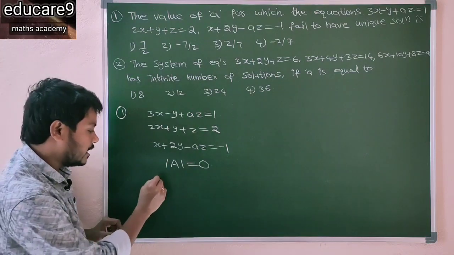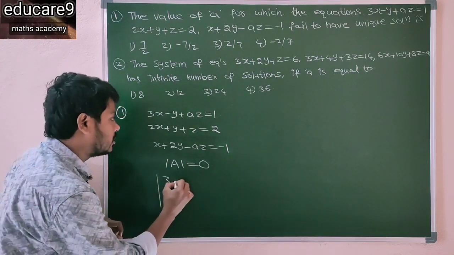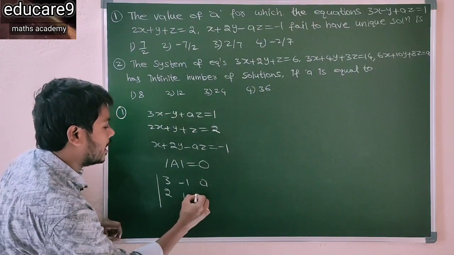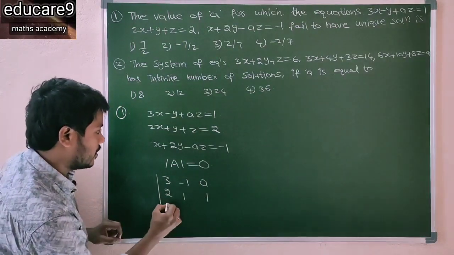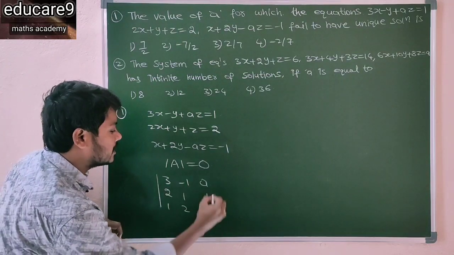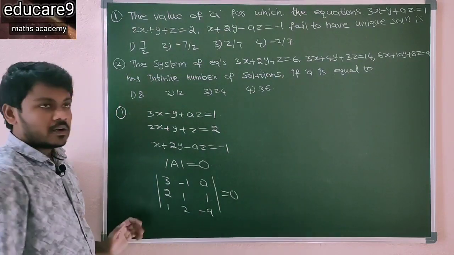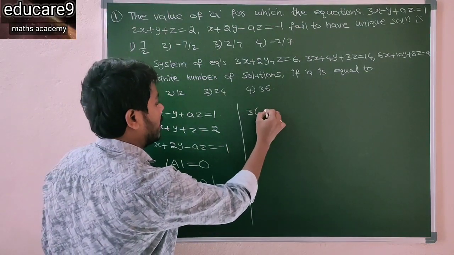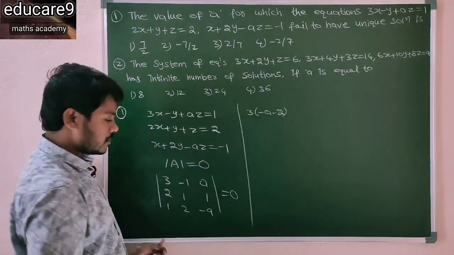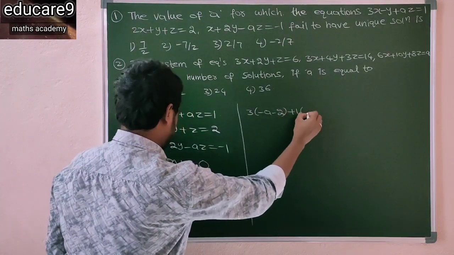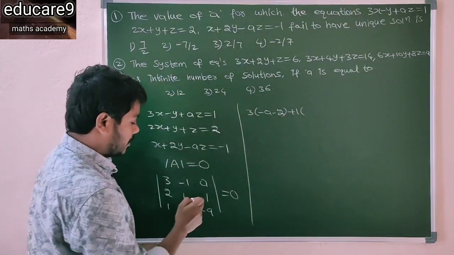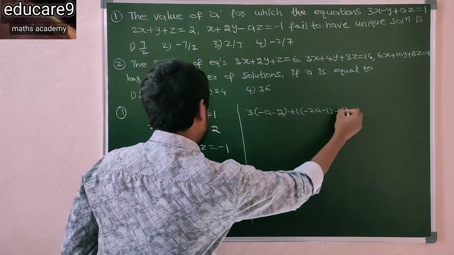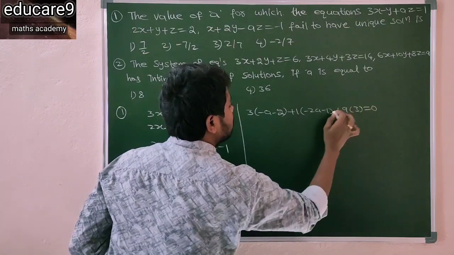So find it, that is the determinant of 3, minus 1, a; 2, 1, 1; 1, 2, minus a is equal to 0. Now find this determinant. So what you get? 3 into minus a minus 2, plus 1 into minus 2a minus 1, plus a into 3 is equal to 0.